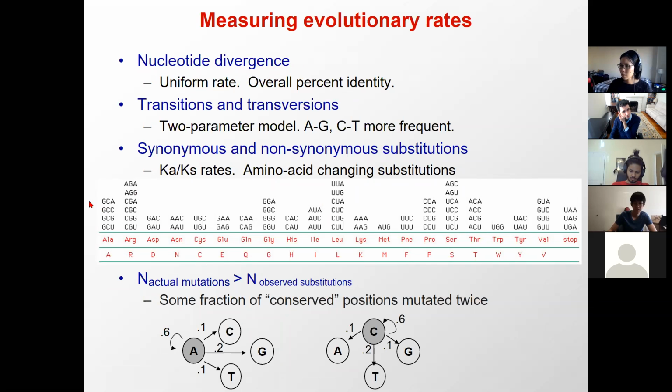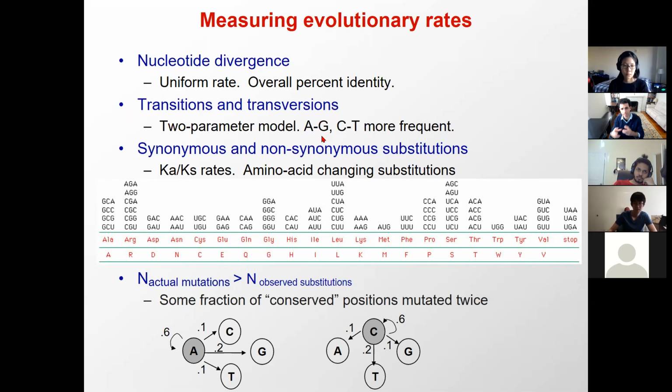If I want to be a little more fancy, I could say, wait a minute, transitions are much more common than transversions. So A to G changes very frequently, and C to T changes very frequently, because these are both purines, these are both pyrimidines. They actually can change into each other much more easily through polymerase making mistakes, because these bases are bigger and these bases are smaller.